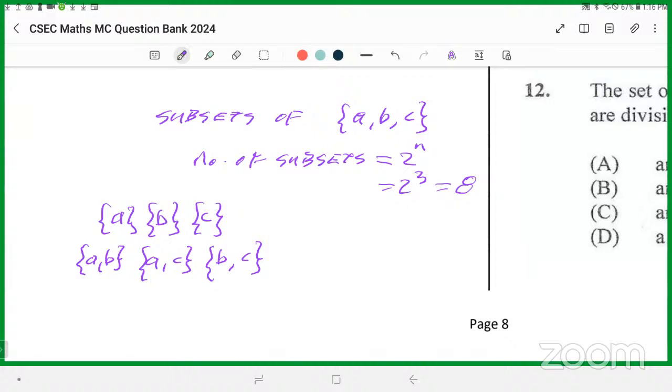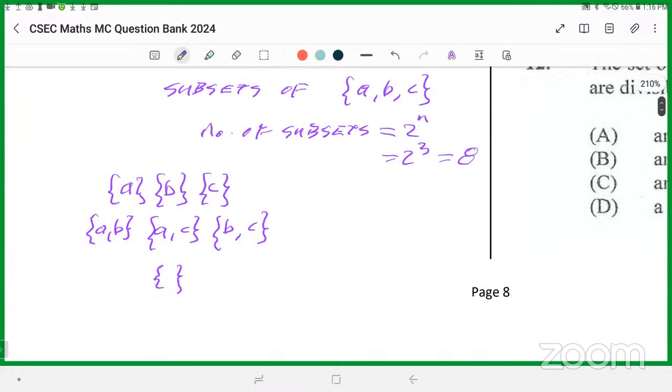And people believe that you'll be finished right there. But the fact of the matter is that the empty set is a subset as well. And the whole set, ABC, is also a subset. And this is where the word improper comes in.